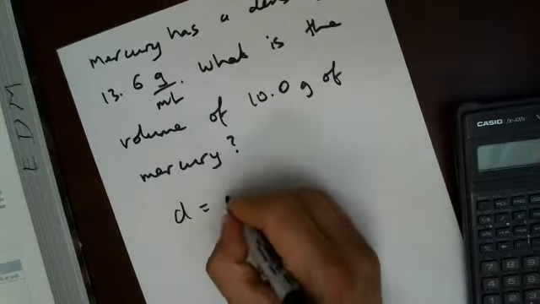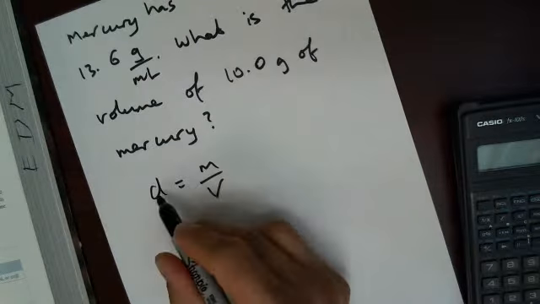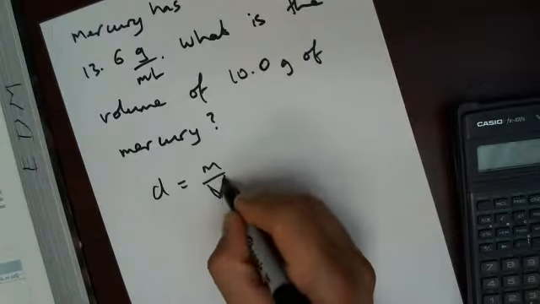You'd start off with the original formula, density equals mass over volume, and you have to rearrange this to get volume by itself.